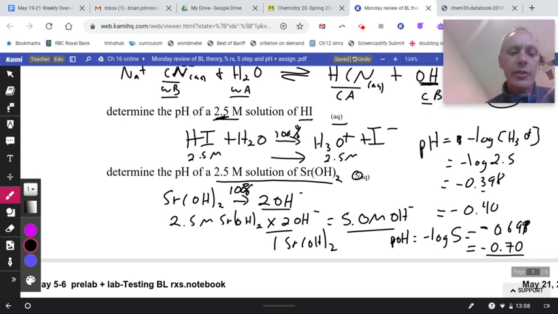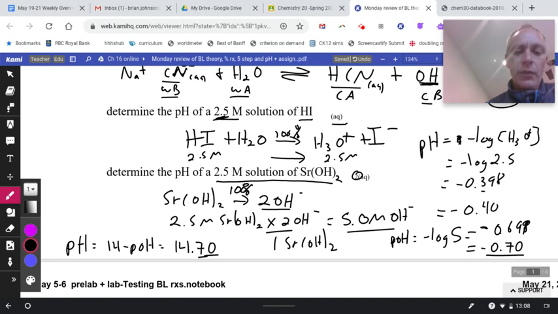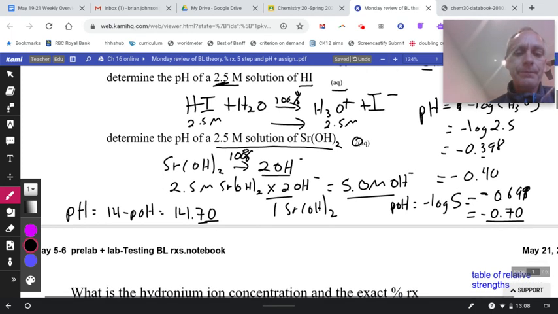That's pOH. I didn't leave enough space. pH is 14 minus pOH. Hopefully this is all coming back to you, which means 14.70, 2 decimal places for our sig digs. So that's a very high pH. That's a very basic compound.